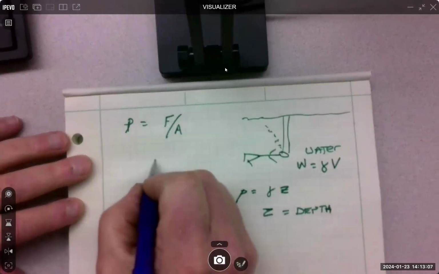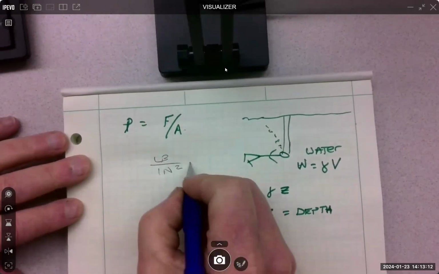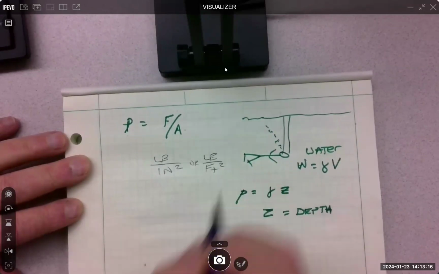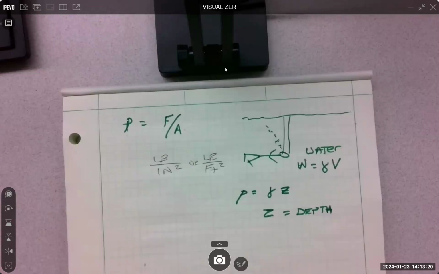So that's going to end up to be pounds per inch squared or pounds per foot squared in the US system. And then it's newtons per meter squared, or kilonewtons or newtons per millimeter squared or kilonewtons per meter squared in the SI system. Okay.